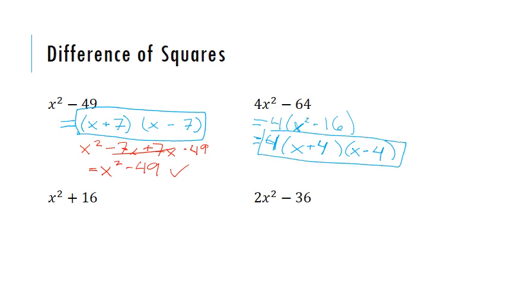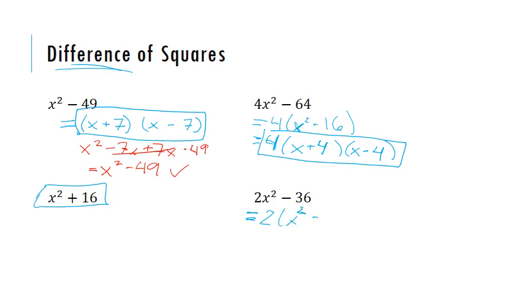And that's it. It's just a handy little shortcut. It does not work for sums. There's a reason it's called difference of squares. Okay, so this x squared plus 16 down here on the bottom left does not factor. That's as simple as that gets. And then the 2x squared minus 36 over here on the bottom right, we can factor out a GCF of 2.